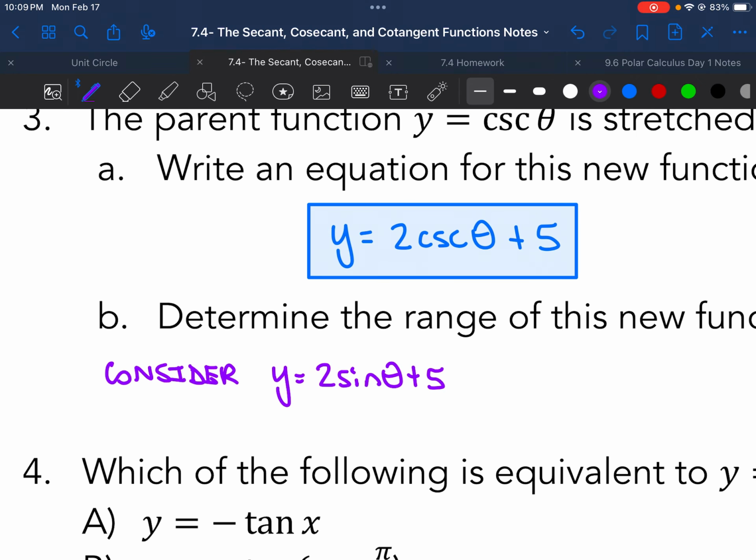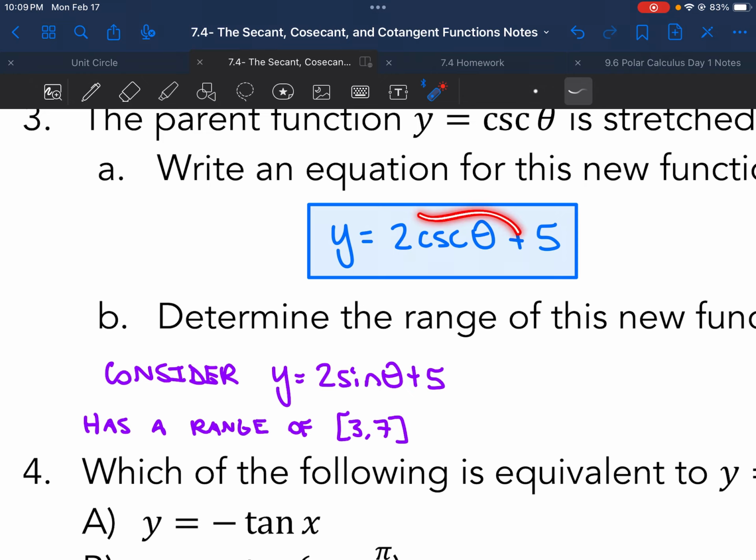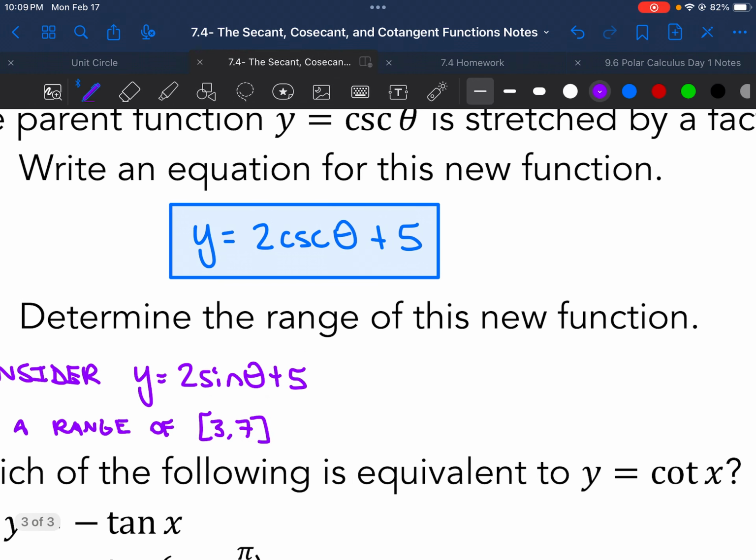So this has a range of 3 to 7. Okay? The reciprocal cosecant is going to be everything outside of that. It's going to be -infinity up to 3, and then 7 up to infinity. It's going to be everything outside of that range.